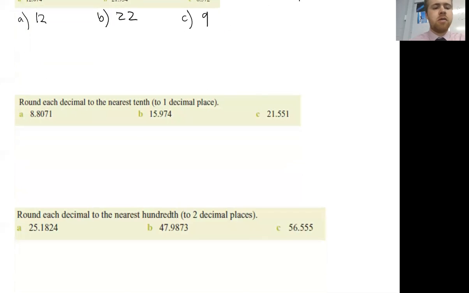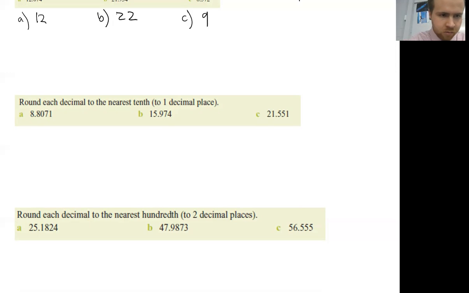Okay, in this example here, we're rounding each decimal to the nearest tenths. Okay, remember the tenths is the number just on the right of the decimal point, so smaller than 1. Okay, so in that case, we've got to look at that place value at the tenths column, and we're also going to look at the number on the right of the tenths, that's the hundredths column, and see whether it's less than 5 or 5 or greater.